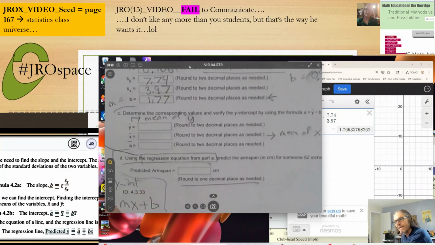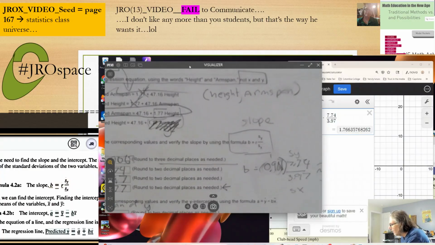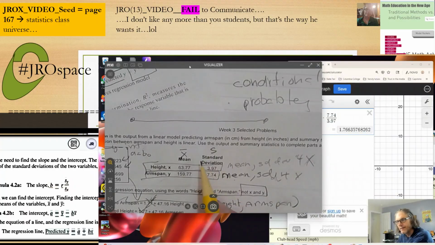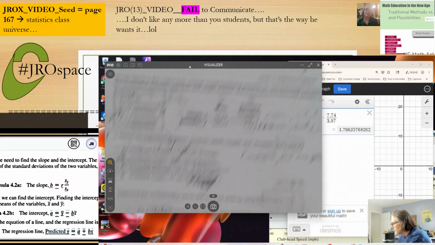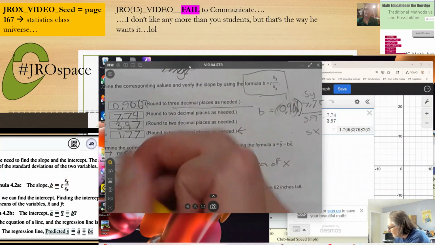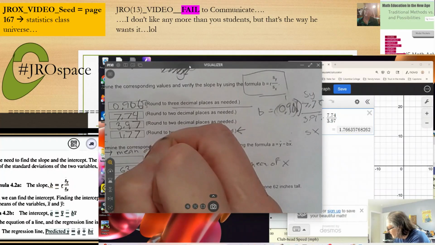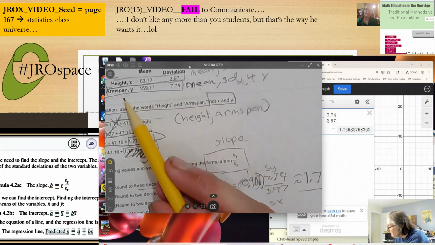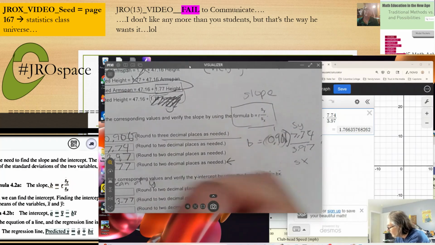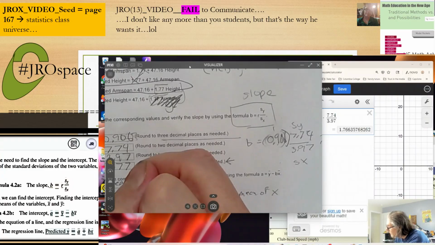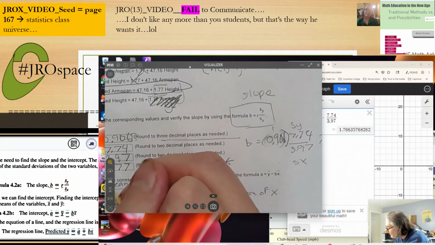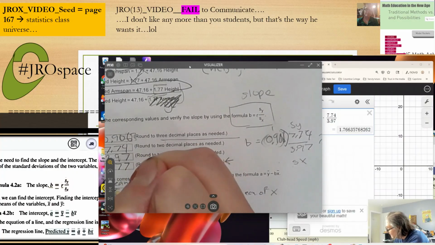But anyway, so we have this. The mean of x is right here, 63.77. And the mean of y is 159.7.